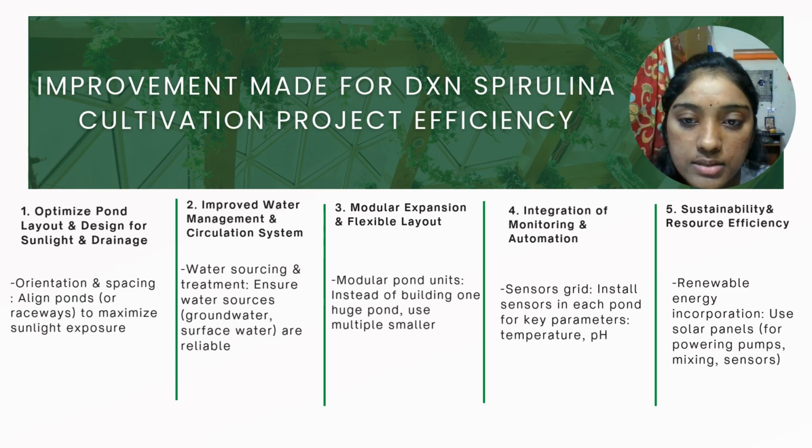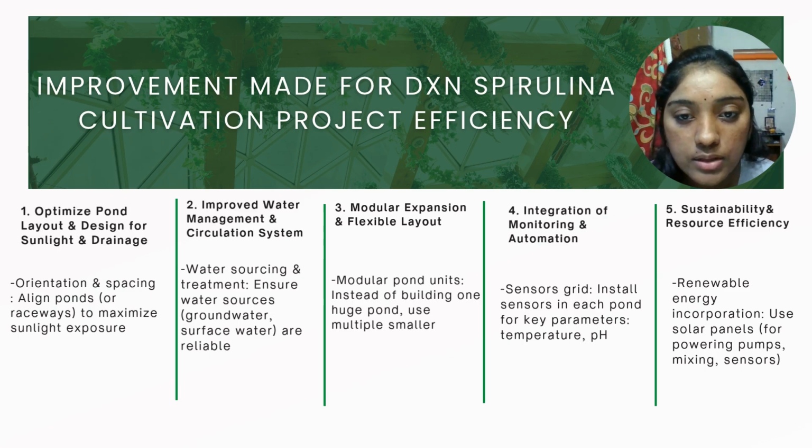So orientation and spacing: align ponds or raceways to maximize sunlight exposure. Number two, improve water management and circulation system. Maksudnya sistem pengurusan dan peredaran air yang dipertingkatkan.